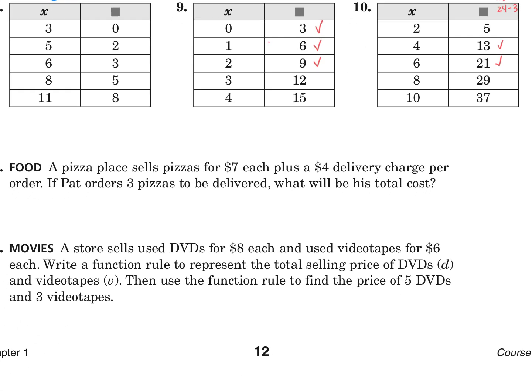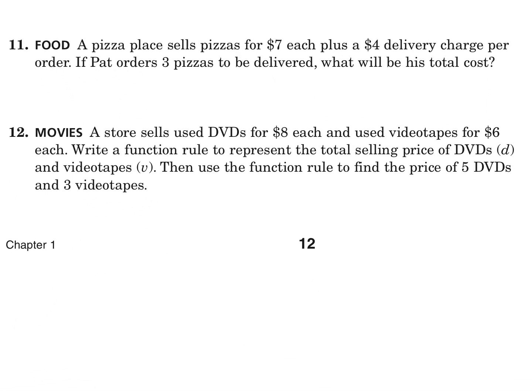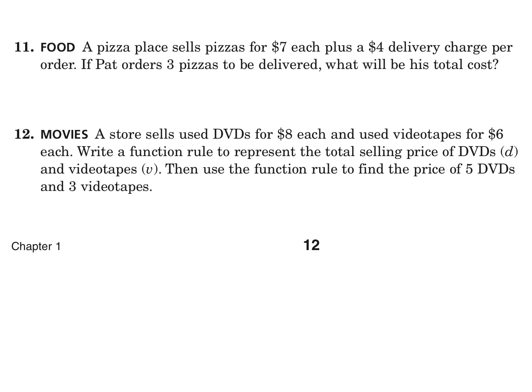Now, let's take a look at our word problem because those were a little tricky here. If we're looking at number 11, Ava, can you read it for me? We're first just going to write our rule, right? This is an example of where you use these rules in everyday life, right? It's $7 per pizza. So what operation are we going to do? 7.